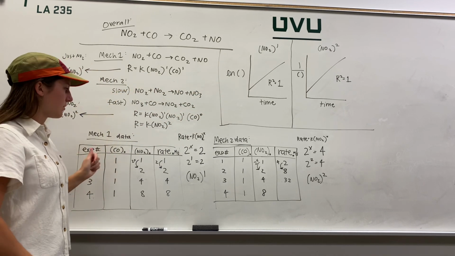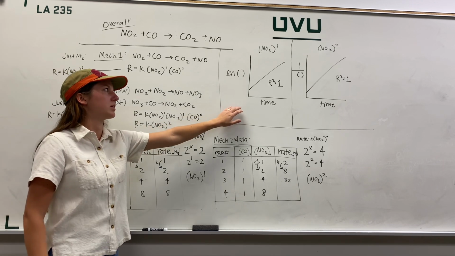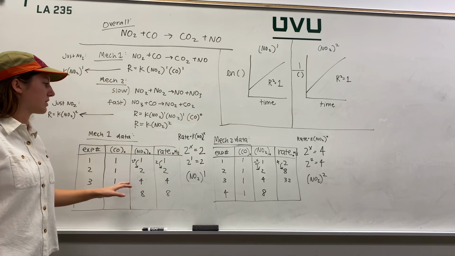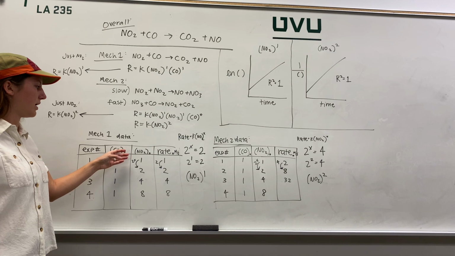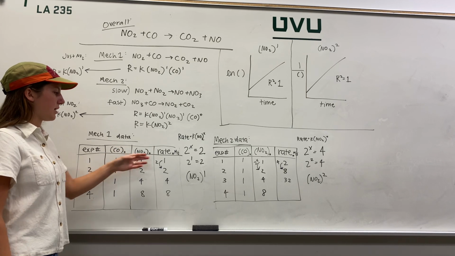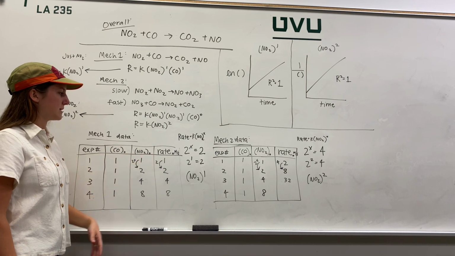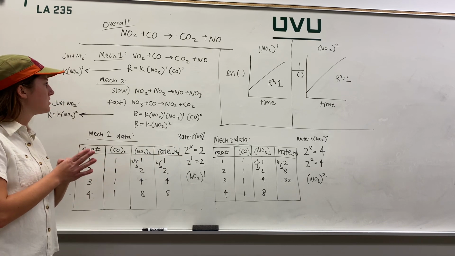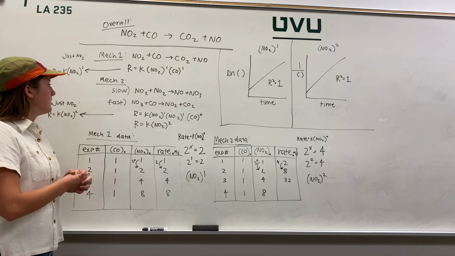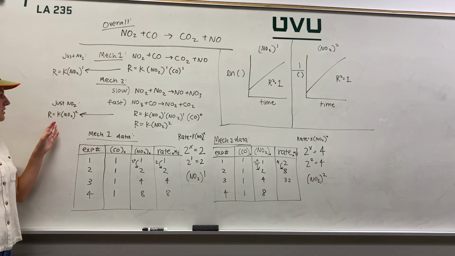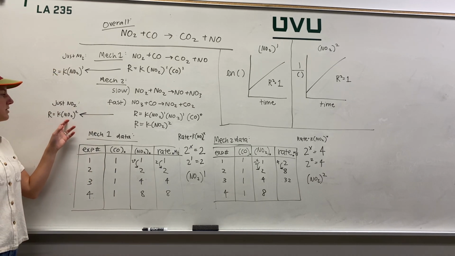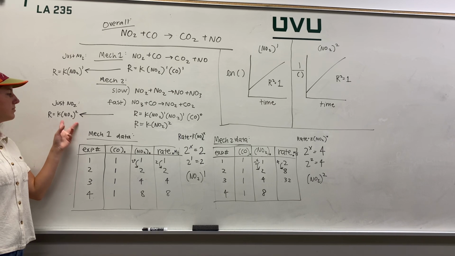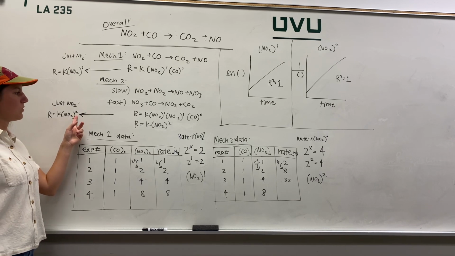So if that was true, then that's what the graph and the data would look like. You'd have the concentration of NO2 doubling and the rate also doubling, so that would just be first order. For mechanism 2, we can do that same thing. Just looking at the nitrogen dioxide, we'd have that the rate equals K times nitrogen dioxide concentration to the second order.